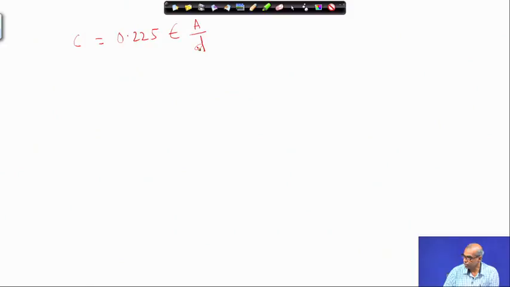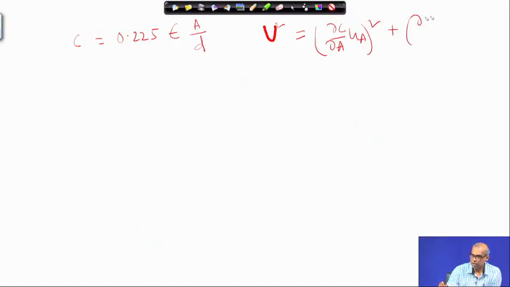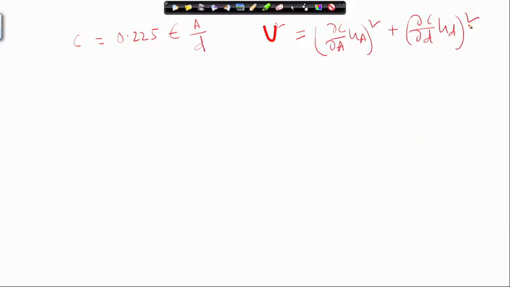Now, you remember that the uncertainty U can be written as the square root of del C del A U A squared plus del C del d U d squared, where U A and U d represent the uncertainty in the measurement of area and the uncertainty in the measurement of distance.